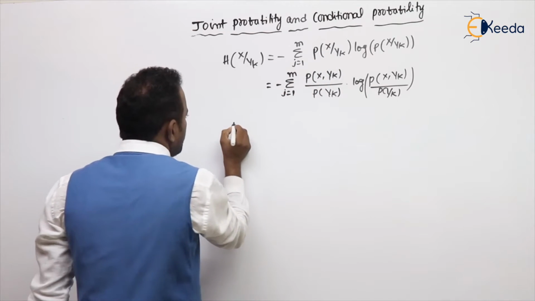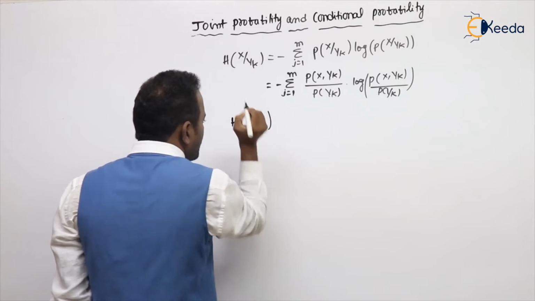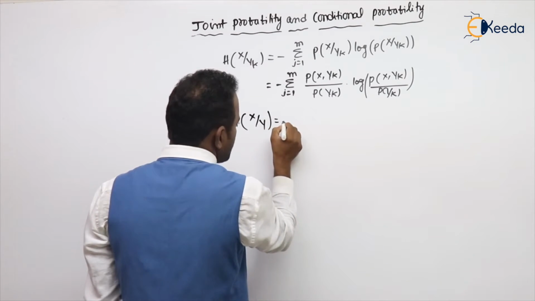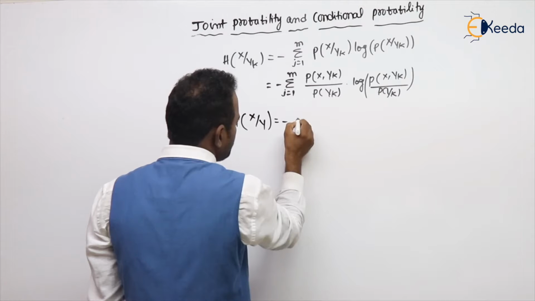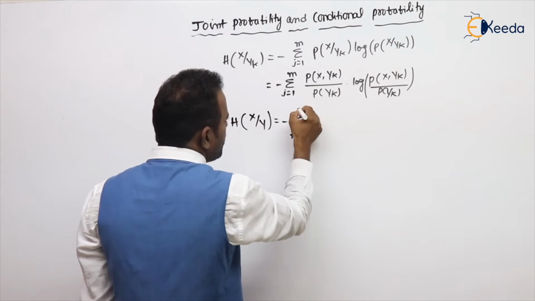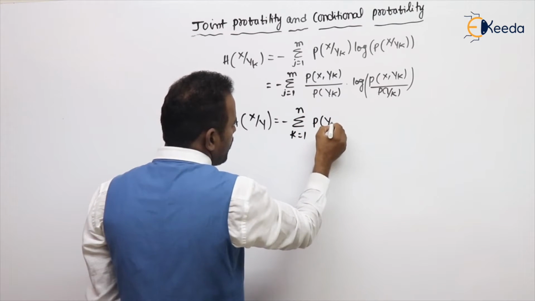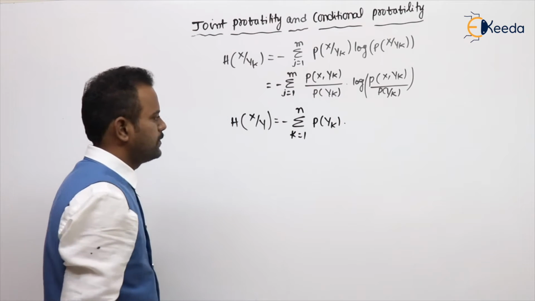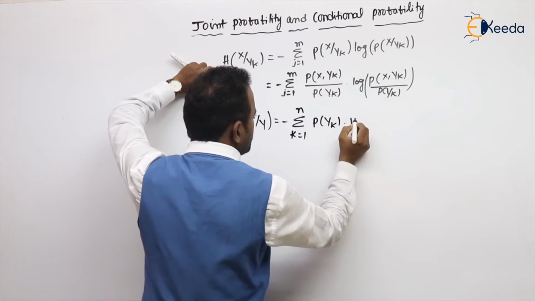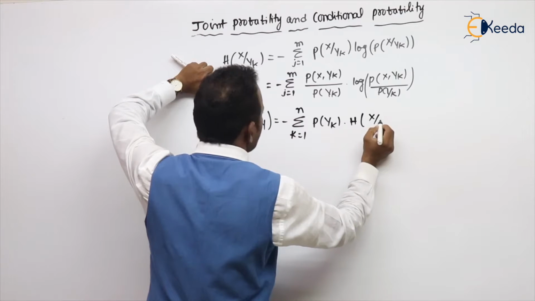Then the conditional entropy H of x by y is nothing but minus, summation k equal to 1 to n, p of yk into H of x by yk.